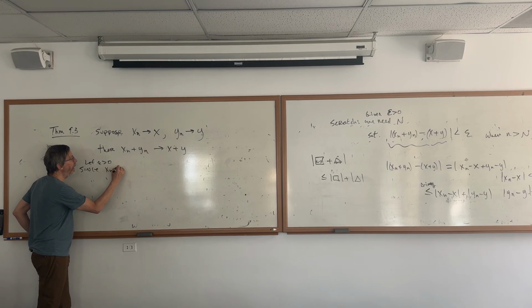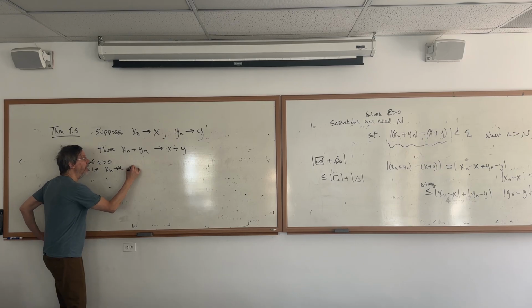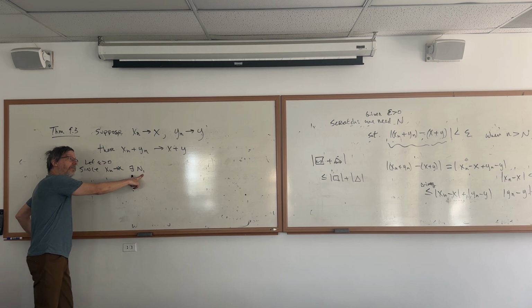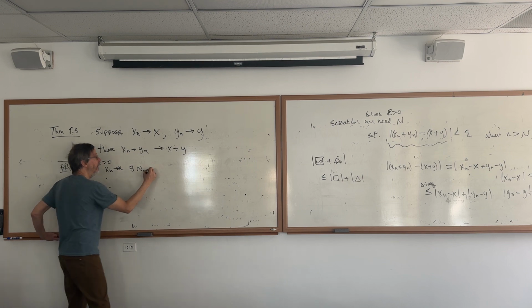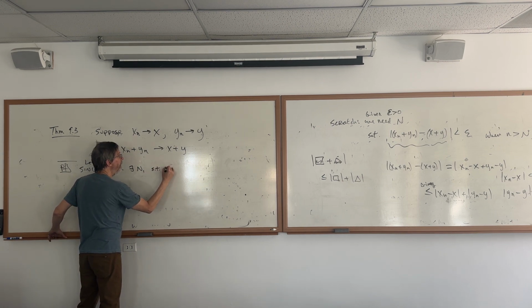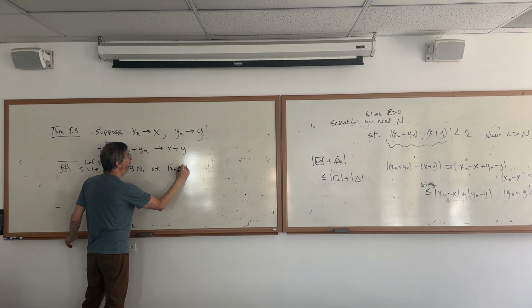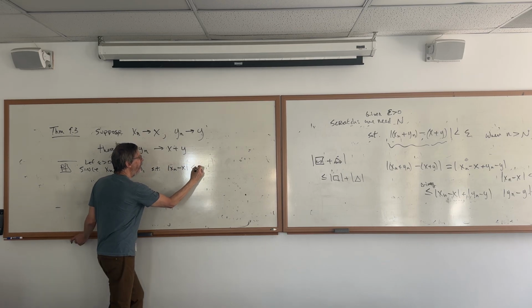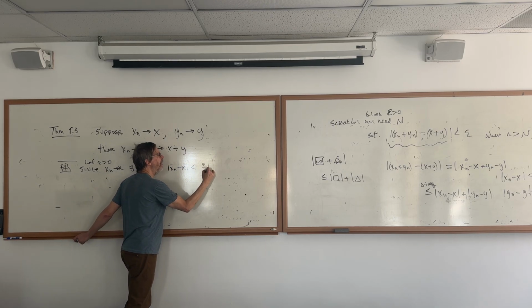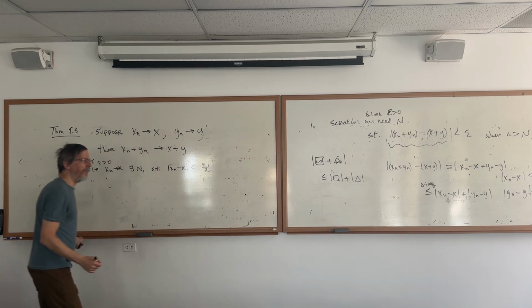Since x sub n converges to x, there exists a capital N sub 1 such that the absolute value of x sub n minus x is less than epsilon over 2. This is the first time we've seen this trick.